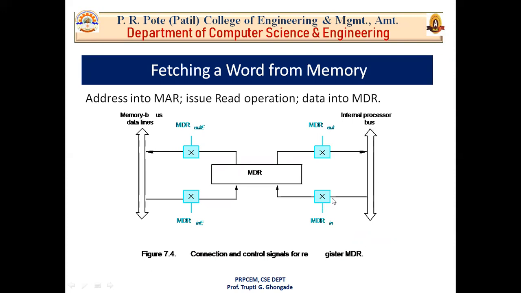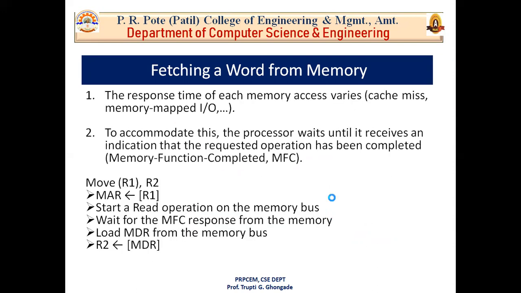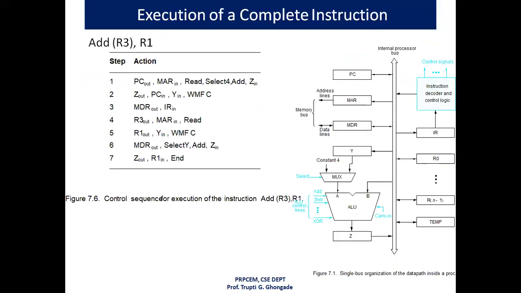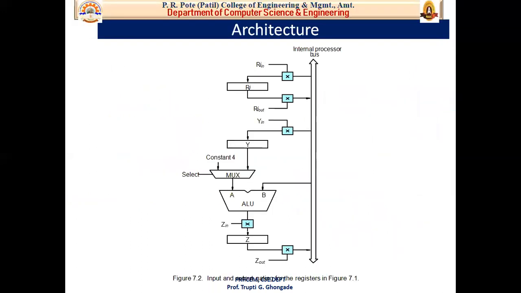That means your MDR is bidirectional. It has two input lines and two output lines. So here MDR in and MDR out are connected to the internal processor bus, and here again MDR in and MDR out. These two input and output lines are bidirectional.